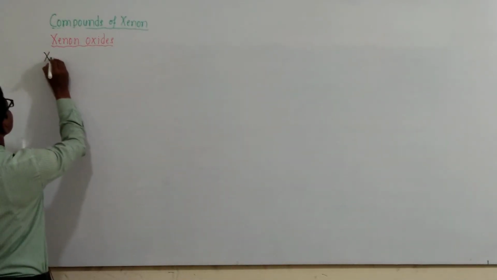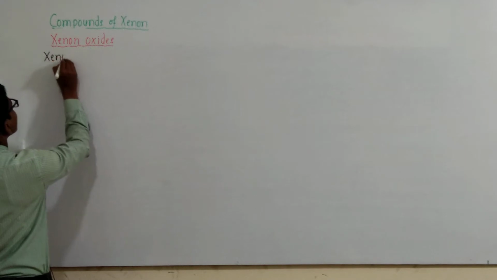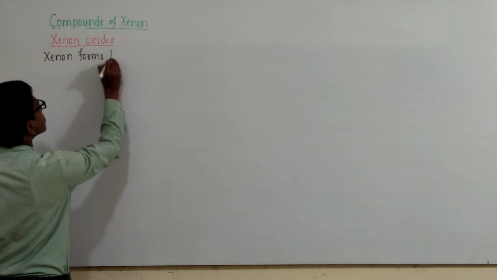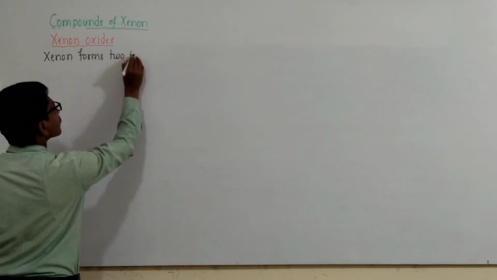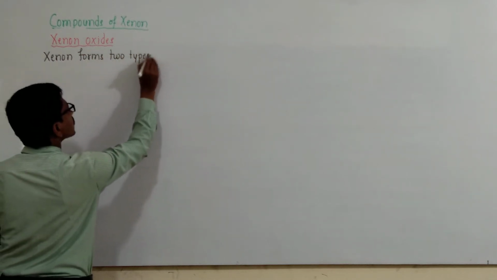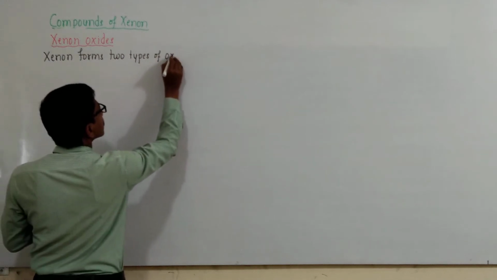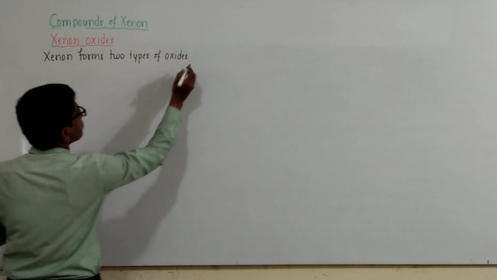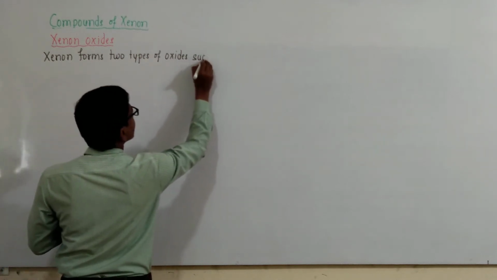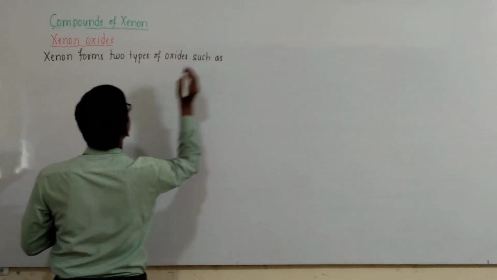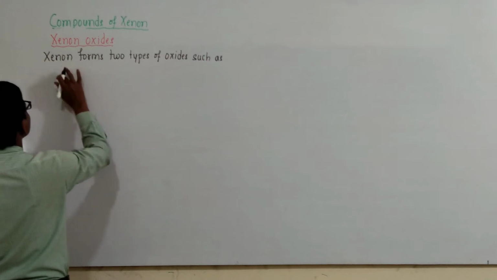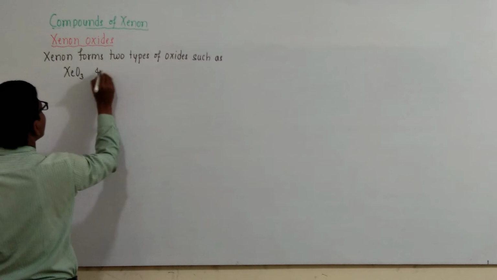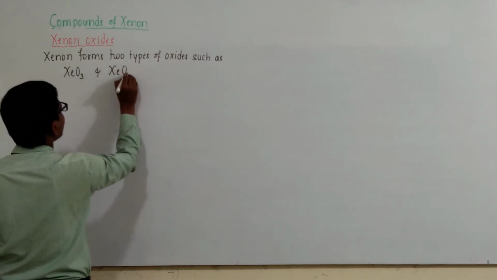Xenon forms two types of oxides such as XeO3 and XeO4.